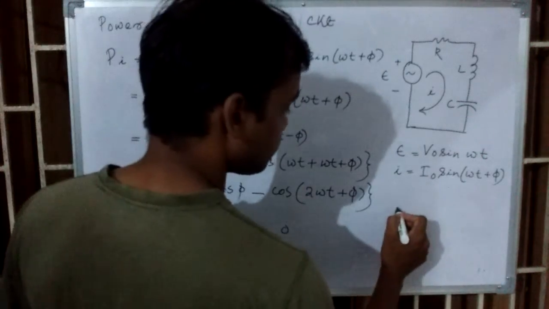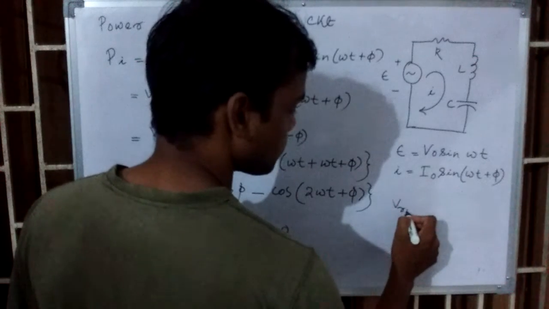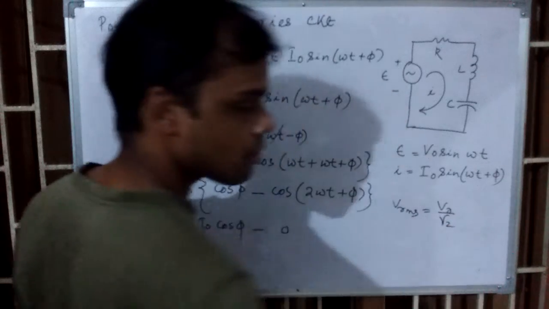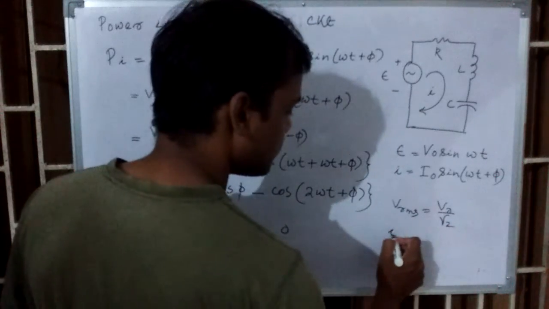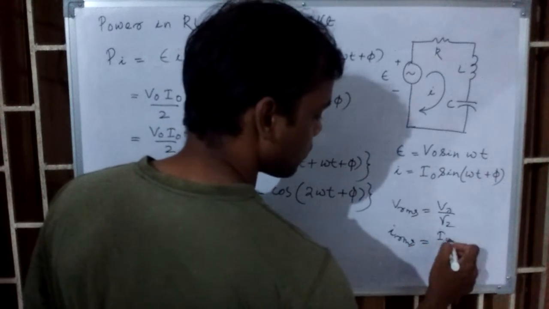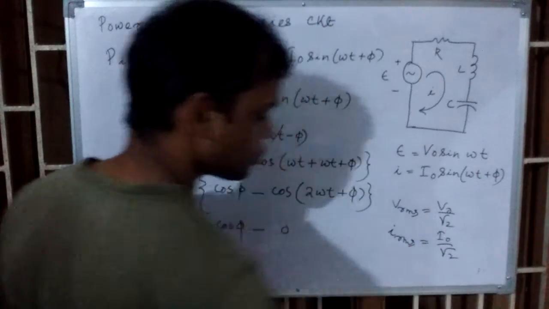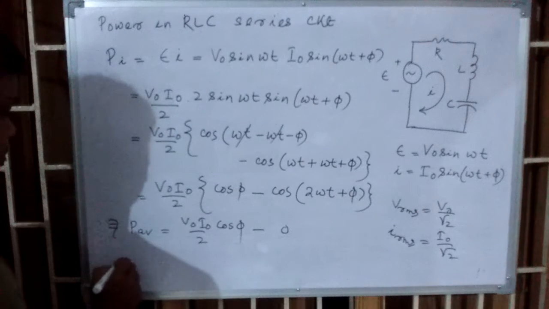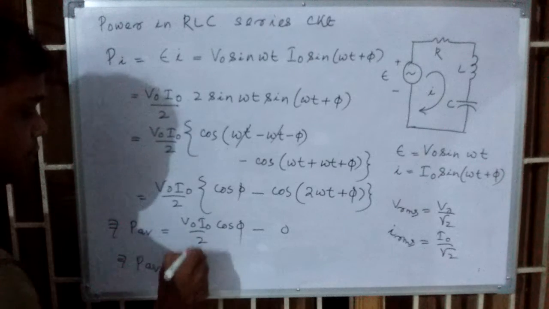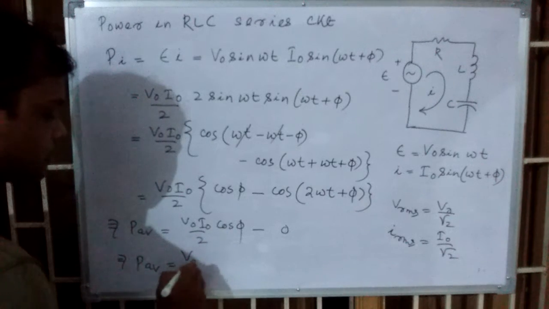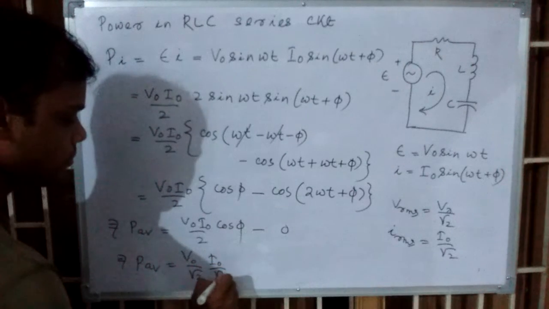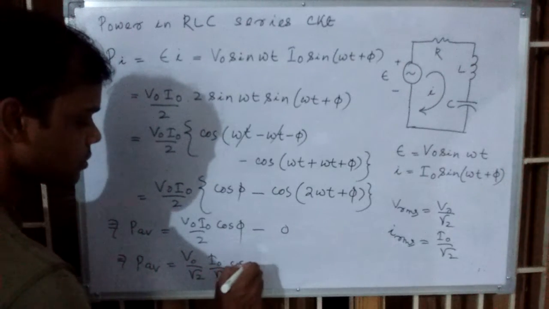We do know that V RMS is equal to V naught by root 2. Similarly, I RMS is equal to I naught by root 2. This implies P average is equal to V naught by root 2 into I naught by root 2 into cos phi.